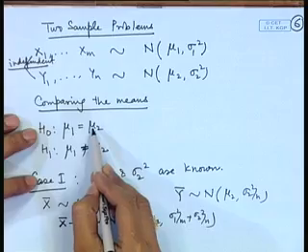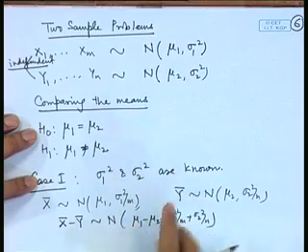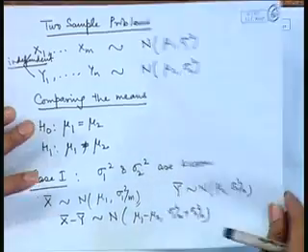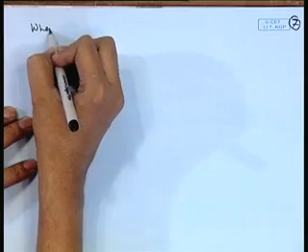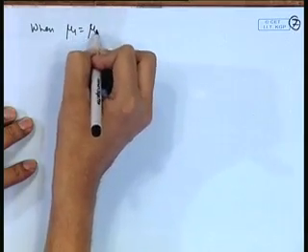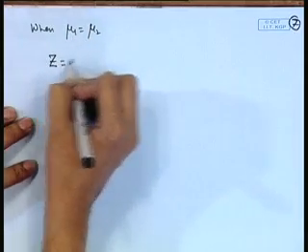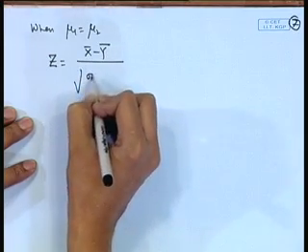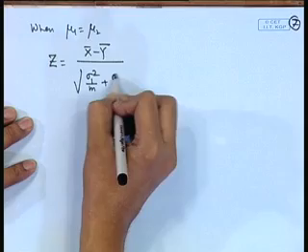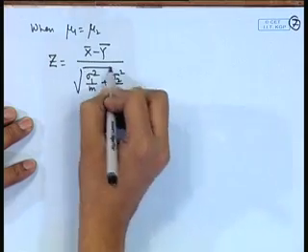Under the null hypothesis, when mu1 is equal to mu2, the mu1 minus mu2 term becomes 0, and therefore we can easily construct the test function. When mu1 is equal to mu2, the function z equals x bar minus y bar divided by the square root of sigma 1 square by m plus sigma 2 square by n.